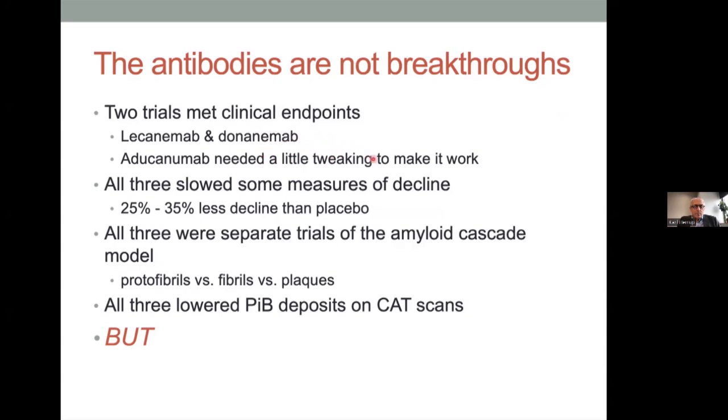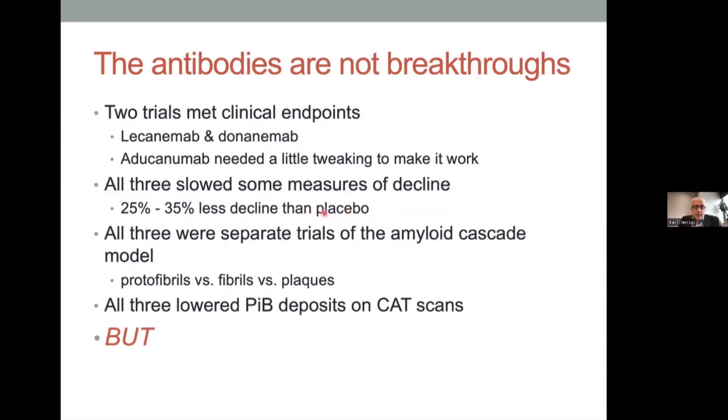They both hit their target in reducing amyloid and also in improved cognition. All of them slowed decline, and by this I mean cognitive decline. And the figure that's cited is that between 25 and 35%, there was less decline in the treatment arm on monoclonals than there was on the placebo.